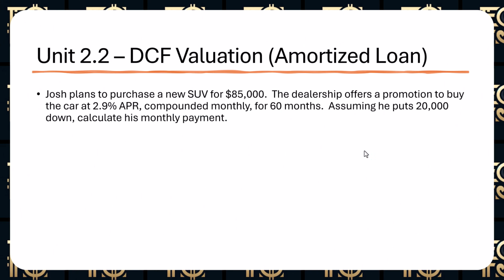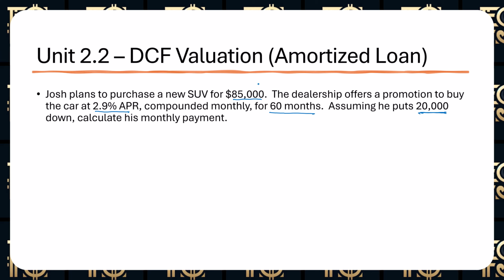Josh plans to purchase a new SUV for $85,000. The dealership offers a promotion to buy the car at 2.9% APR compounded monthly for 60 months. Assuming he puts $20,000 down, calculate his monthly payment. The first thing that we need to do is determine the amount of the loan.